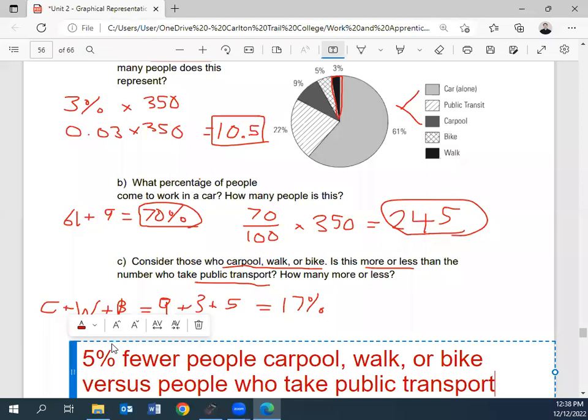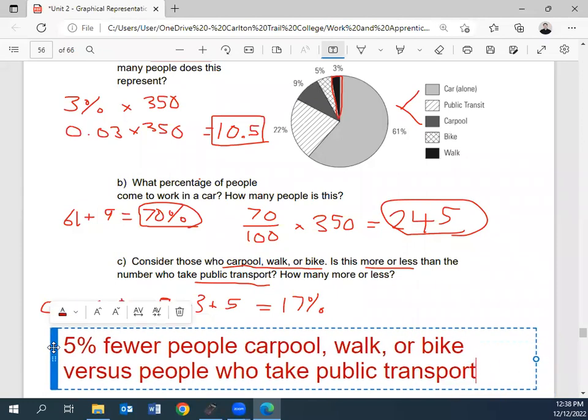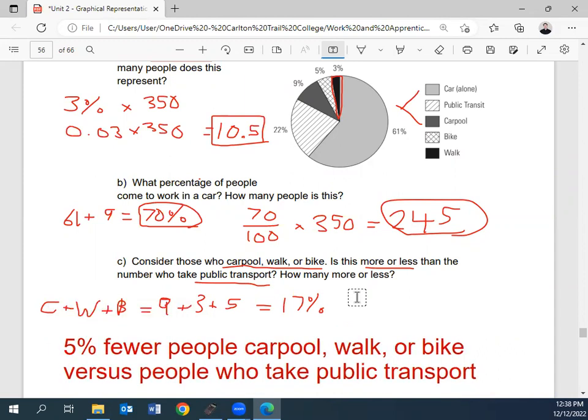And there's a bunch of different ways you could write this, but as long as you're making a statement that says fewer people are carpooling, walking, and biking than there are taking public transport. Cool. And that's really all we have to do.